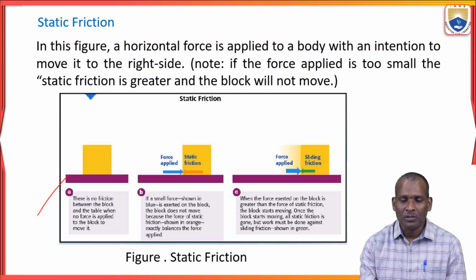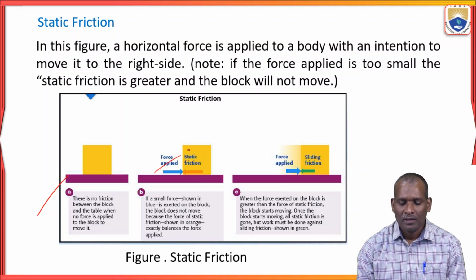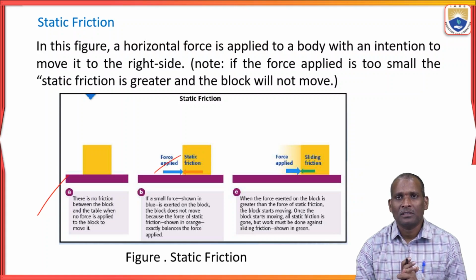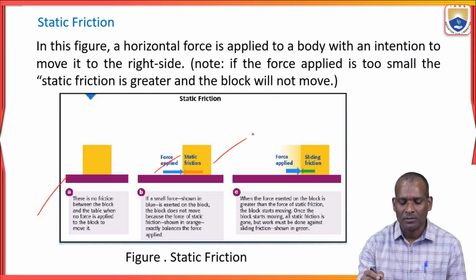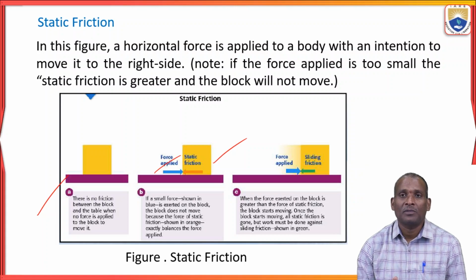If a small force, shown in blue here, is exerted on a block, it does not move because the force of static friction, shown in orange color, exactly balances the force applied. So whatever force you apply will be balanced, and the block remains in the rest position.